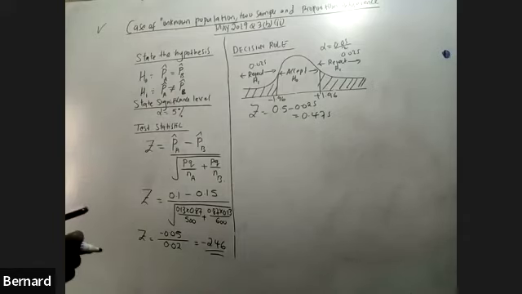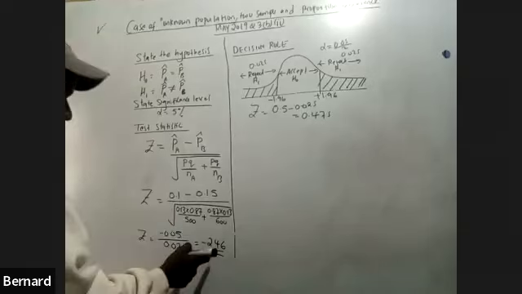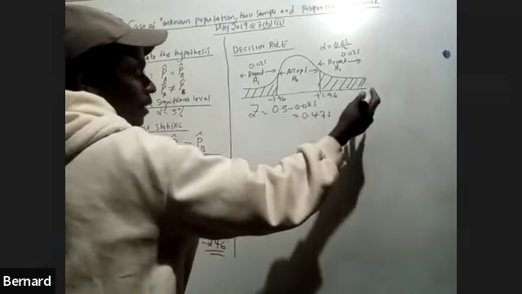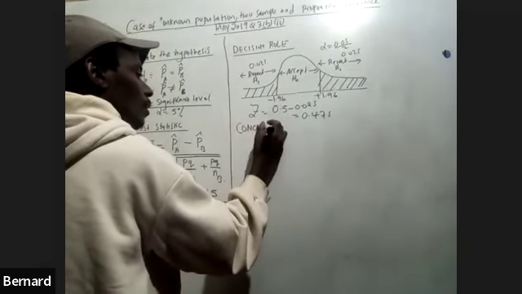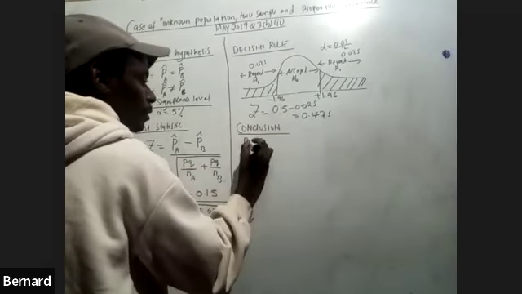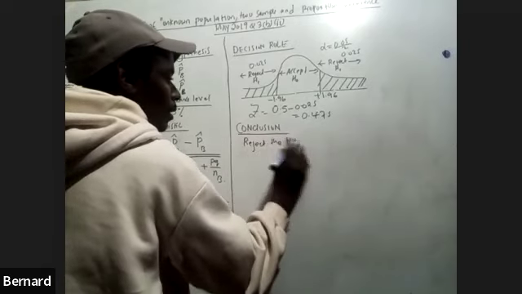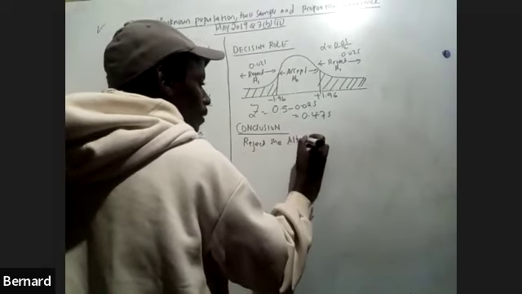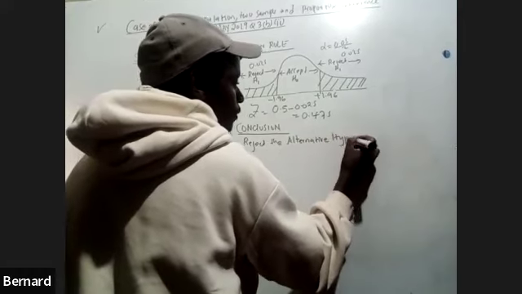Yes, 1.96. Now we ask ourselves, is negative 2.46 within or outside? Is it in the middle, right or left? Left. So we reject the null hypothesis, and accept the alternative hypothesis.